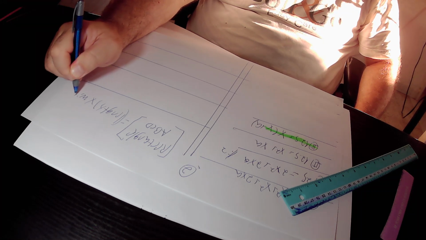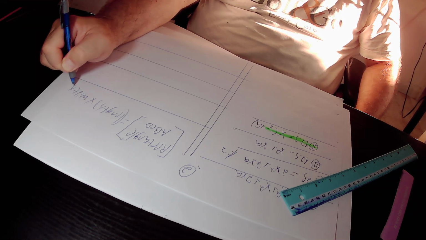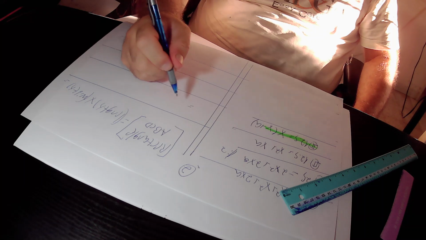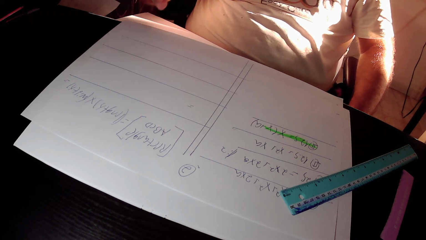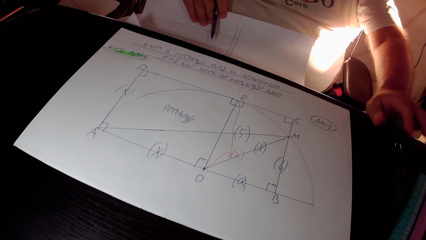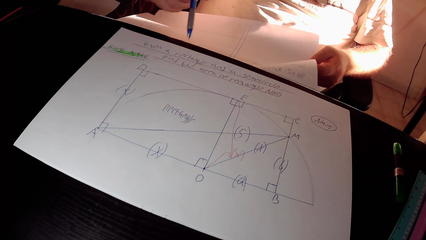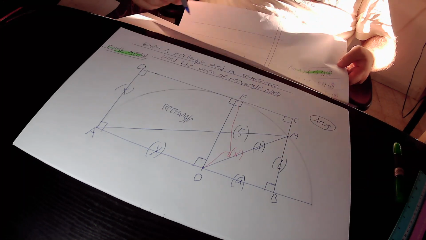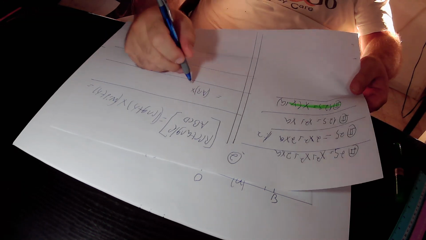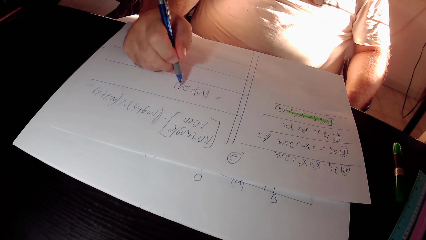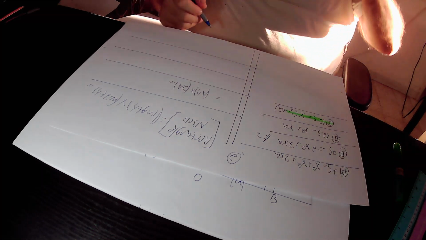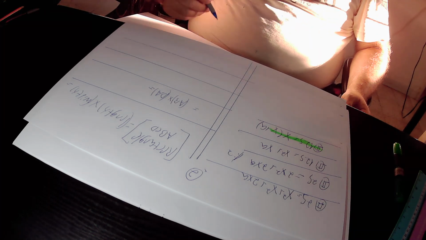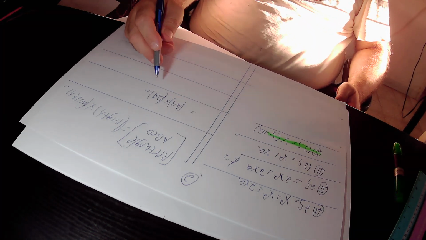Therefore, the area of this rectangle ABCD must be equal to the length times the width. The length of this rectangle ABCD is AB, and the width is DA. So the area of rectangle ABCD equals AB times DA.